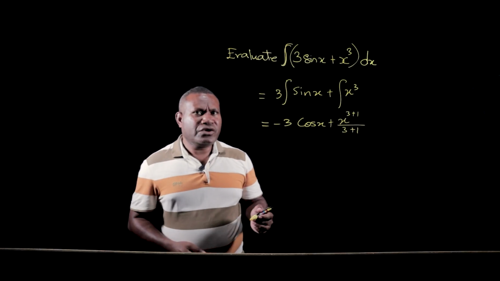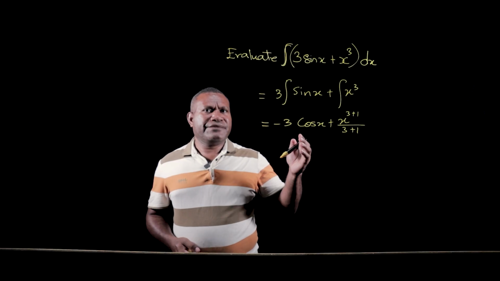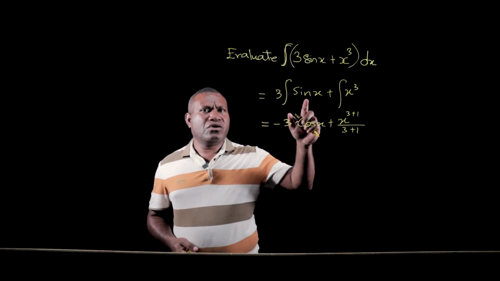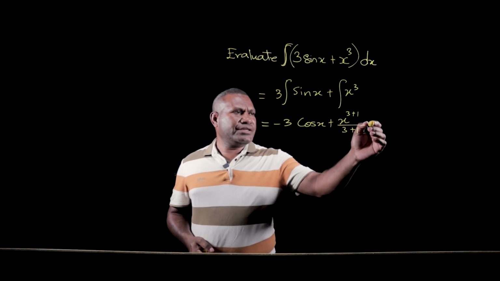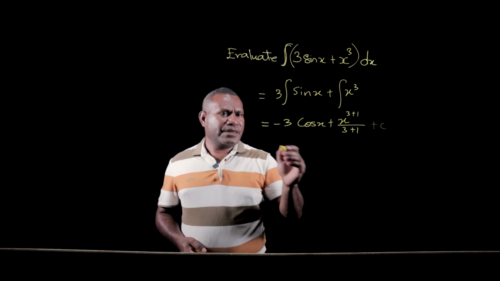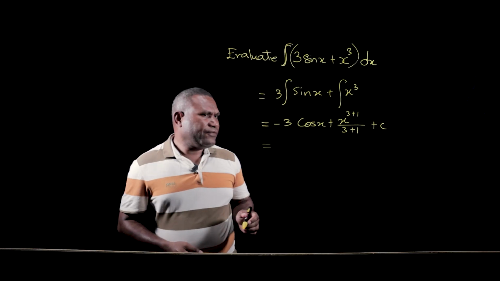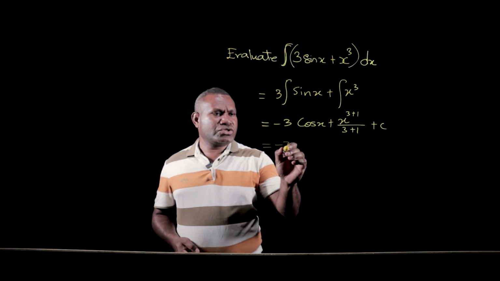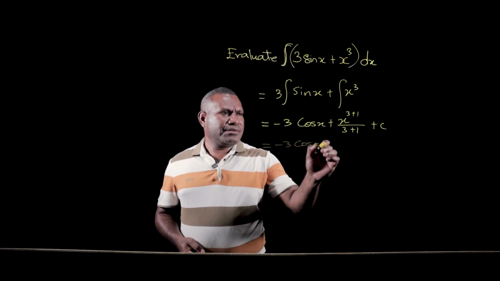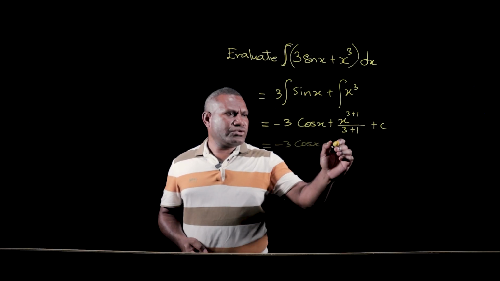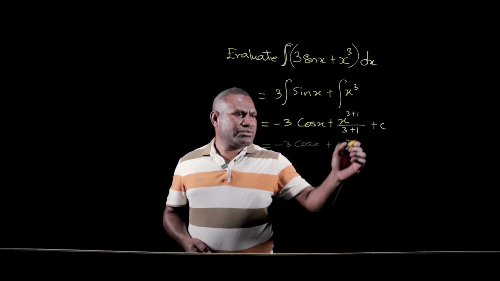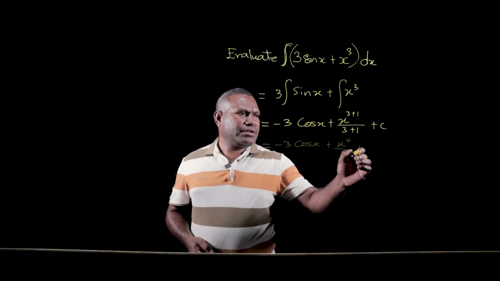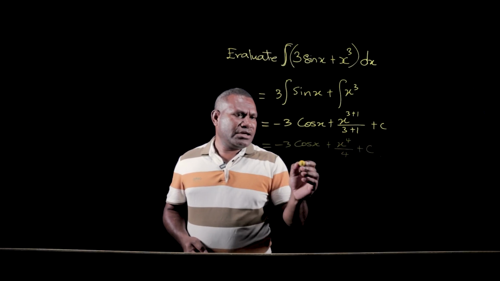At the end, don't forget, if you are writing an indefinite integral or antiderivative of a function, we always add a constant of integration, which is c. So our final answer will be minus 3 cos x plus, since 3 plus 1 is 4, x raised to the power of 4 divided by 4, plus the constant of integration.